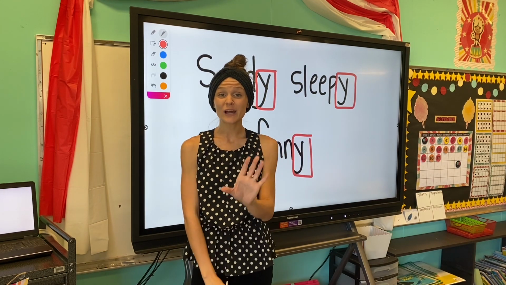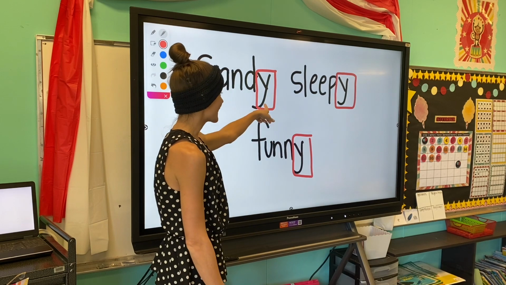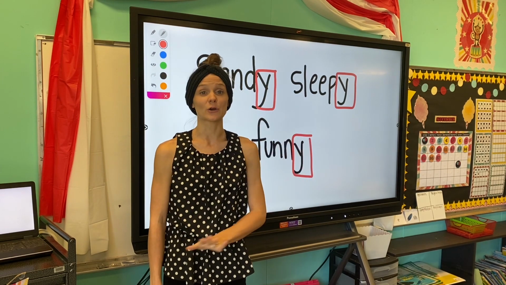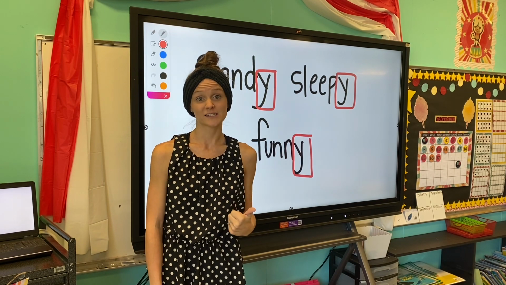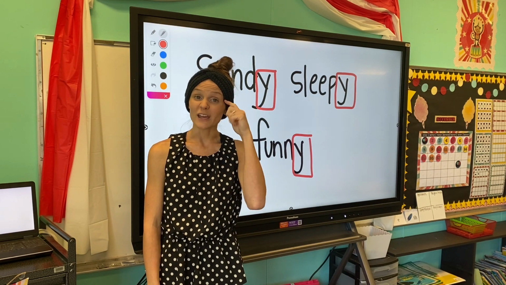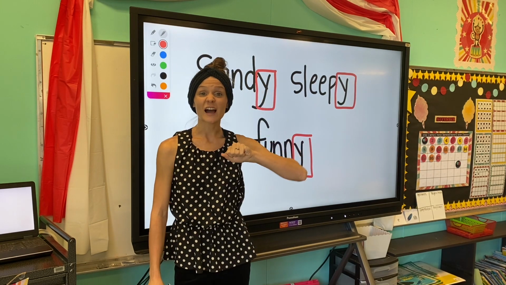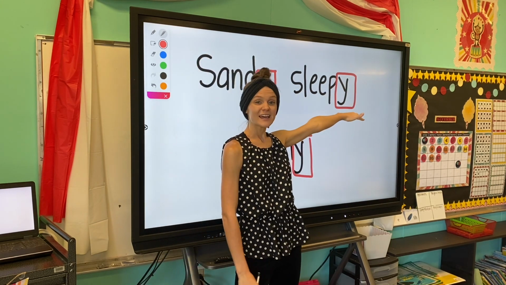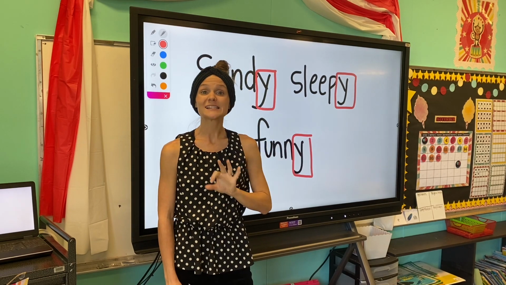So what I want you guys to do is every time you see a word with the Y in the final position, before you do any coding, I want you to check and see if it's a suffix. Remember, we know if it's a suffix if it can be removed and we still have a word. In the word sleepy, if I take Y off, I'm left with the word sleep.